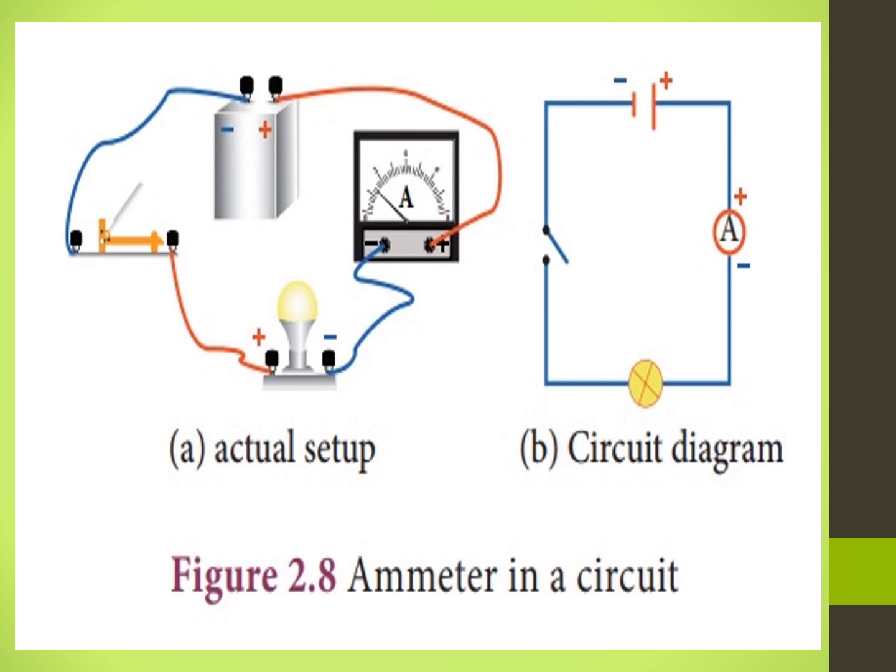What is the formula of ampere? 1 ampere is equal to 1 coulomb by 1 second.